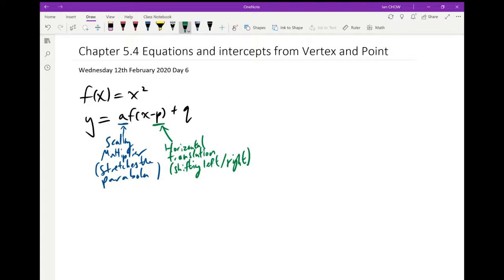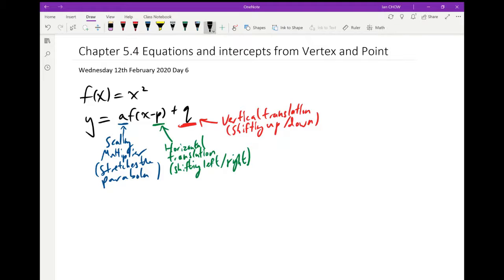And then finally, we also have the plus q outside, which is going to be the vertical translation, which is the same as shifting up or down. So that's a quick recap of yesterday's lesson and the lesson before.